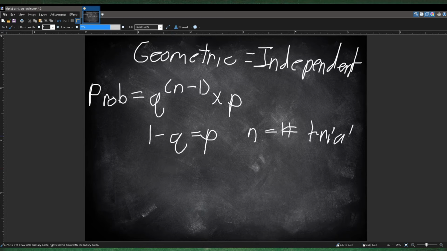So what does this mean? Well, p is the probability that you want to occur. q is basically 1 minus that. If you take 1 minus p, you get q, because p plus q is equal to 1. They're just saying the total probability is 1.